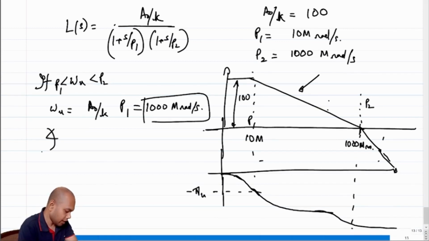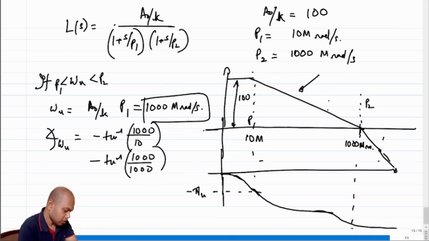So phase angle at omega u will be minus tan inverse 1000 by 10 minus tan inverse 1000 by 1000. The first term is minus tan inverse 100, which for all practical purposes is minus pi by 2, and the second is minus tan inverse 1, which is minus pi by 4. So this is minus 3 pi by 4.